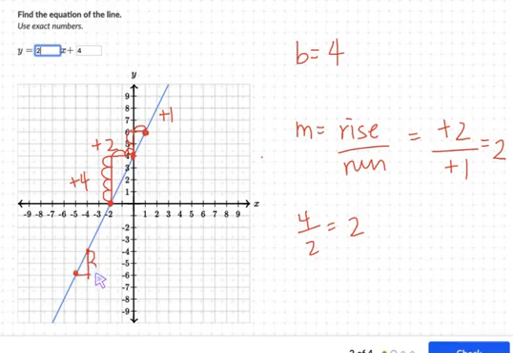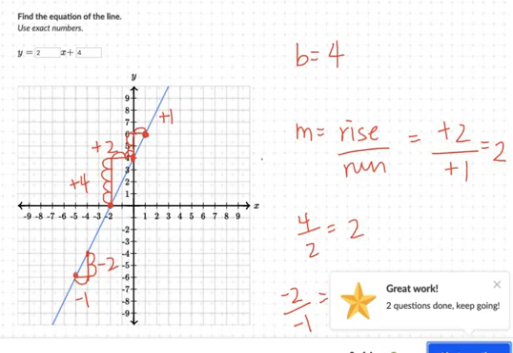So then it would go down 1, 2. Down is -2. And to the left 1, left is -1. So if you have two negatives, they cancel out and they still become +2. So any way you calculate slope, you should have gotten 2. So the answer here is y equals 2x plus 4.